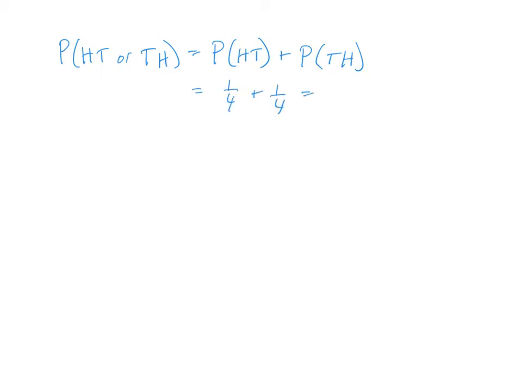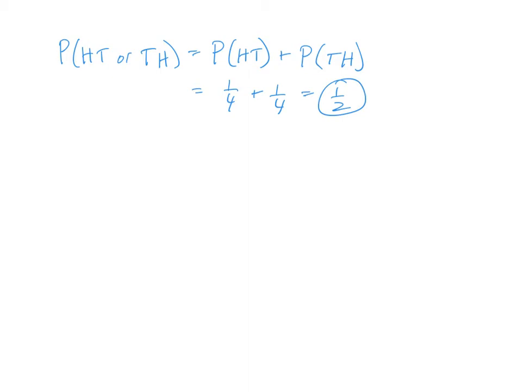So the probability that we get heads, tails, or tails, heads, is the probability of heads, tails, plus the probability of tails, heads. So for or, we can add the 2 probabilities. This is 1/4 plus 1/4, which is 1/2, which is the same thing we got when we wrote out the entire sample space.